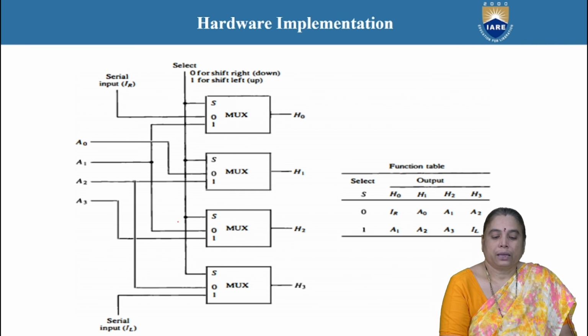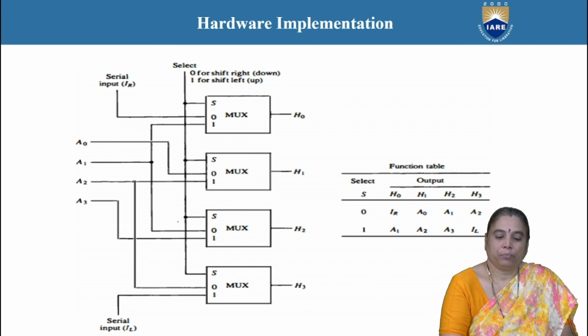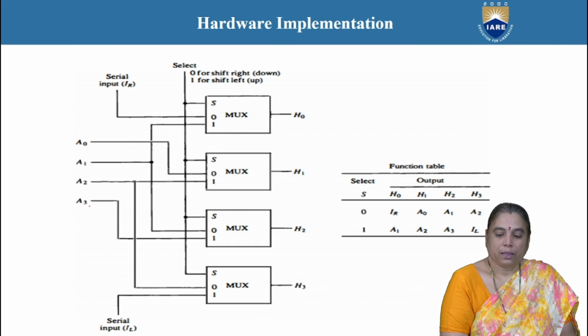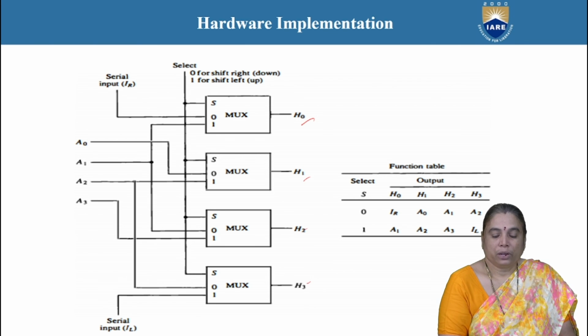The register has to be taken with 4-bit input A0, A1, A2 and A3. So this is the input, and the output from the circuit is H0, H1, H2 and H3. The output can be derived from the multiplexers.